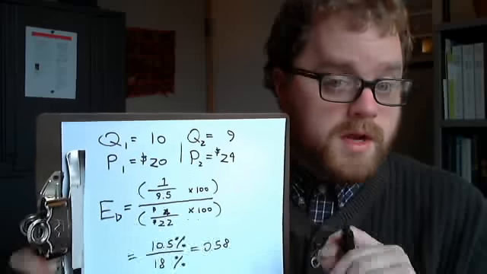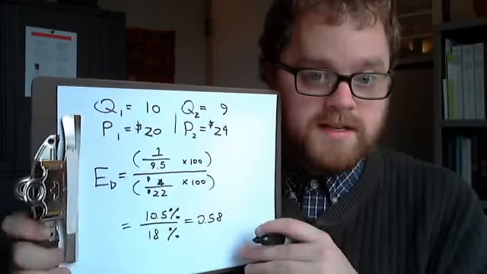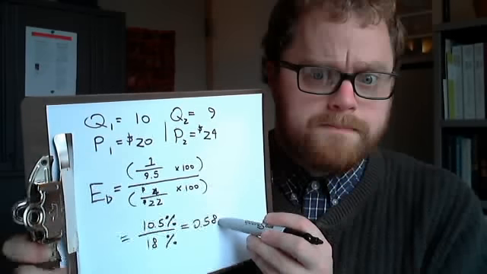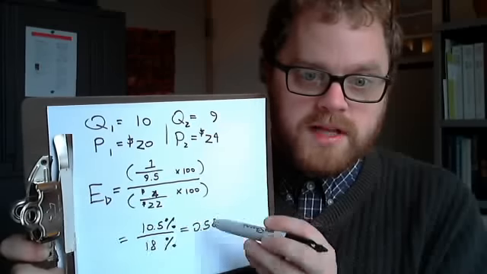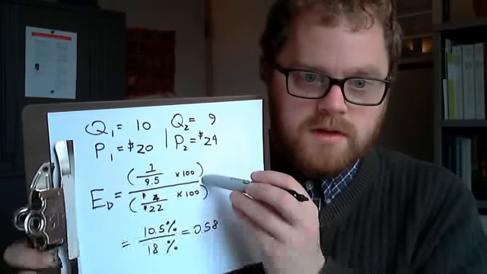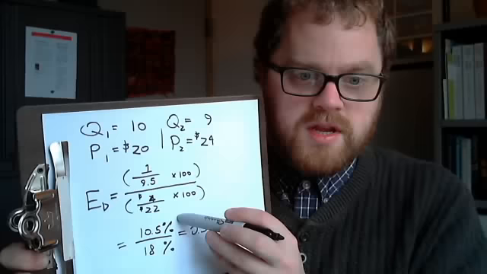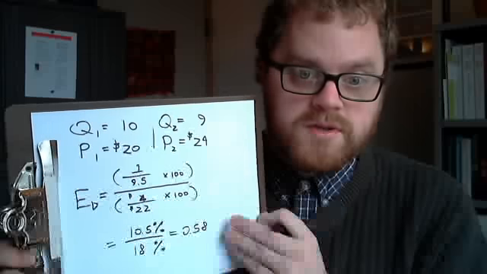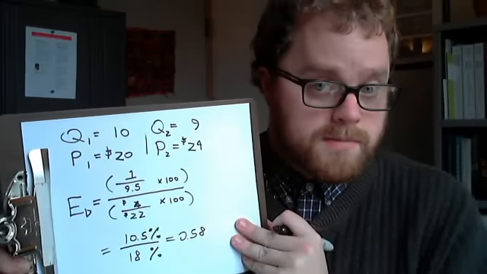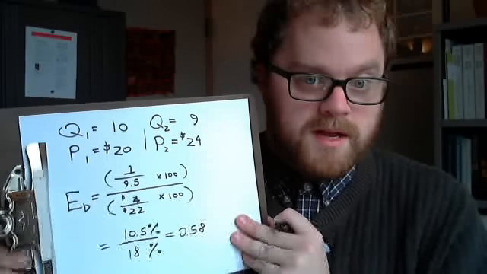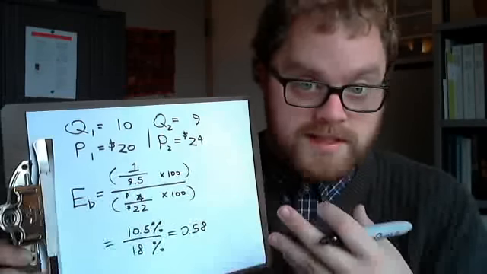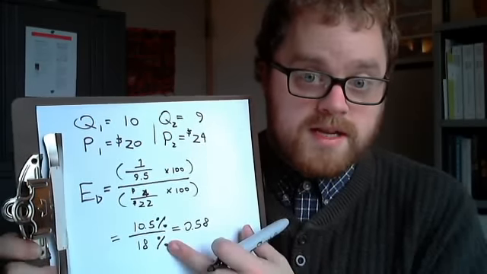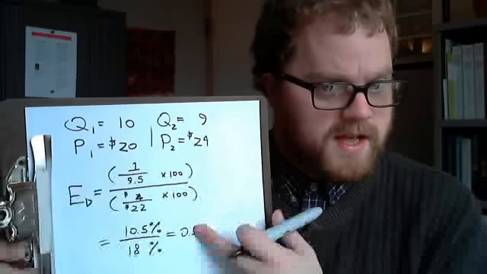On the other hand, if your price elasticity of demand is less than 1.0, that means you've got a proportionally greater change in price than quantity. In this example here, we had an 18% price hop, but only a 10% and change decrease in demand, using our midpoint method, telling us that we had relatively little decrease in demand for a given amount of price increase. And that'll give us a value less than 1.